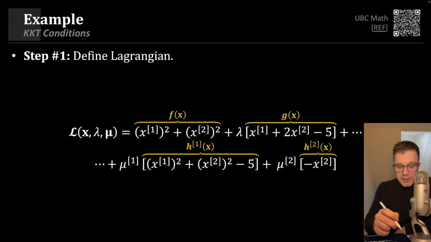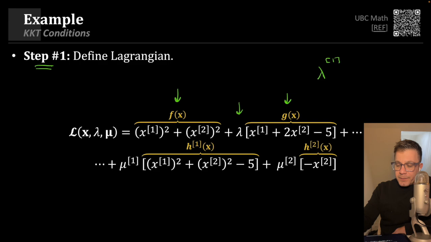All right, so let's break this down to steps. First we're going to define the Lagrangian or the Lagrange function. We already know how to do this. It is going to be f of x plus lambda times g of x. Now if we had more than one equality constraint, then we would have more than one lambda, but we don't.